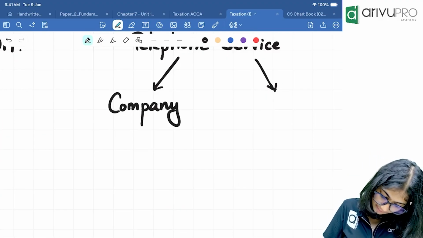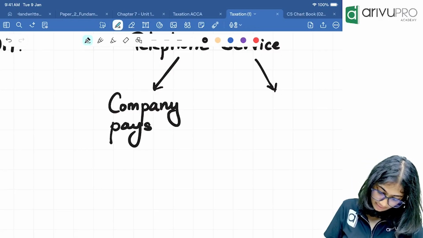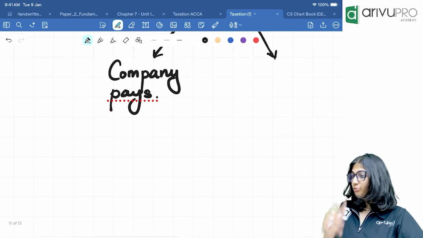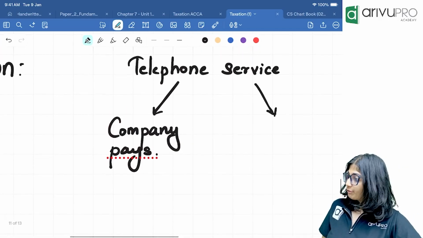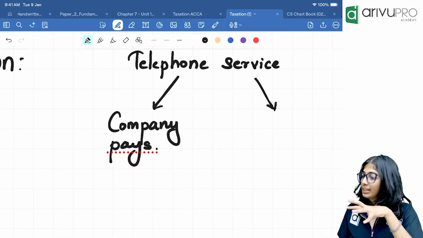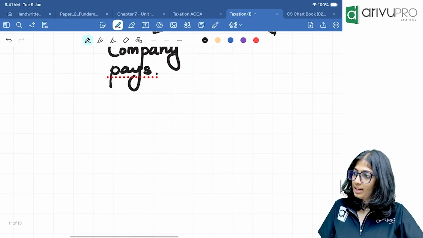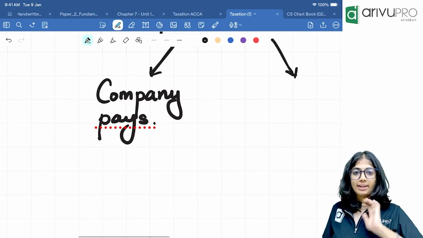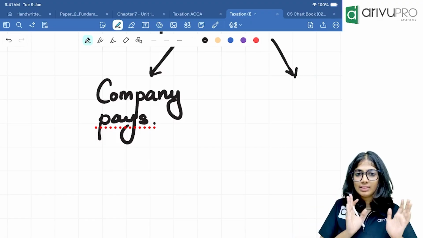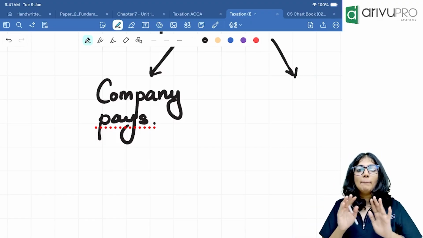You versus company. Company pays for it. Let's say the company is paying for your telephone service, your Airtel bill or Jio bill, whatever you have, for your calls or Wi-Fi, whatever it is. The essence of the example stays the same. Let's say the company is paying for your Wi-Fi.